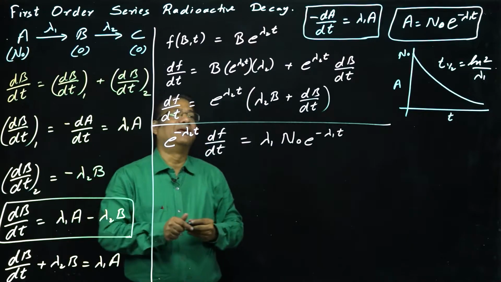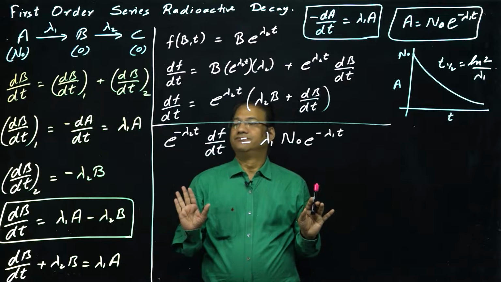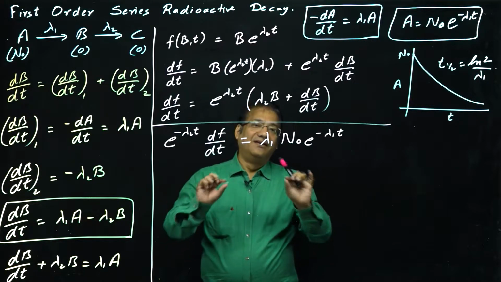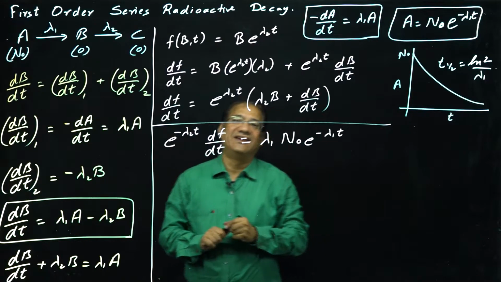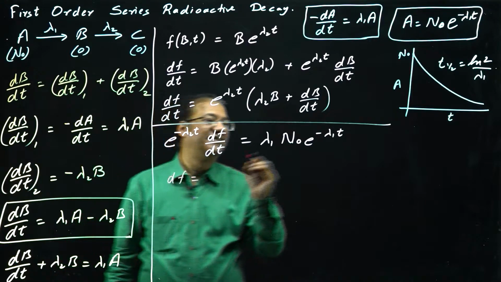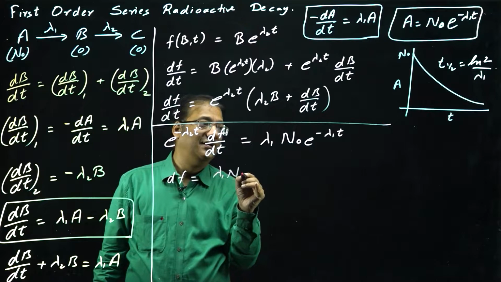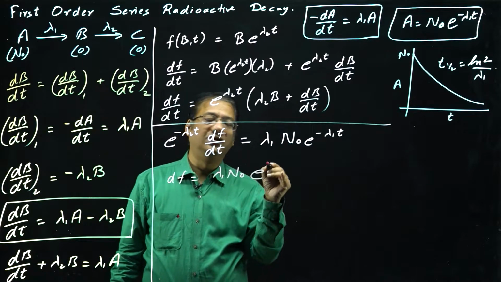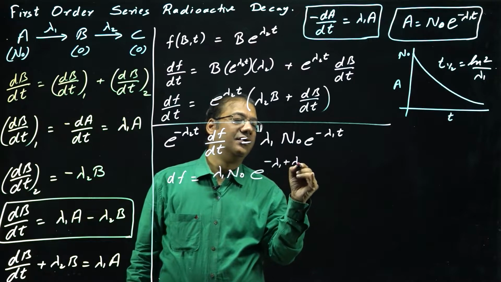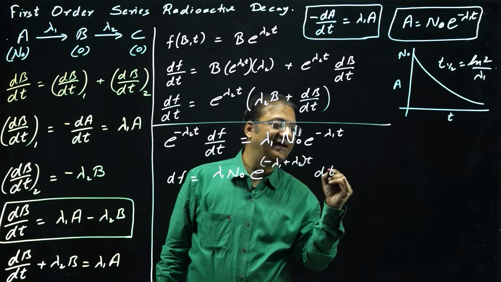Now this is a simplified differential equation in terms of time, and one can always rearrange this differential equation like this. df is equal to λ1 N0 e^(-(λ1 - λ2) t) into dt.